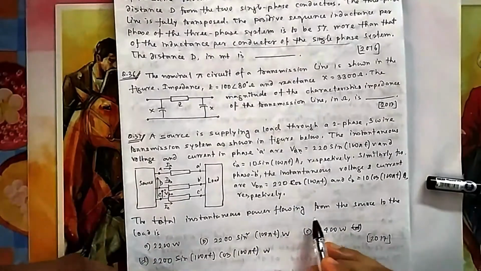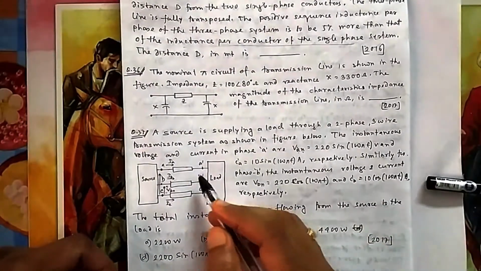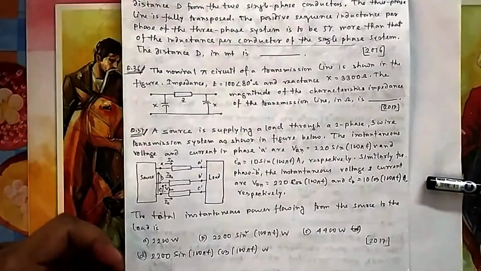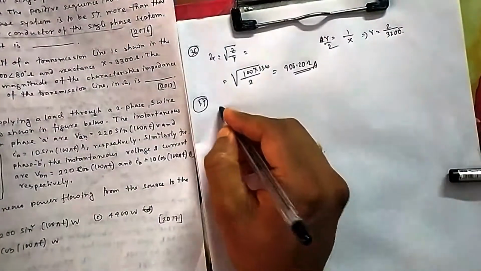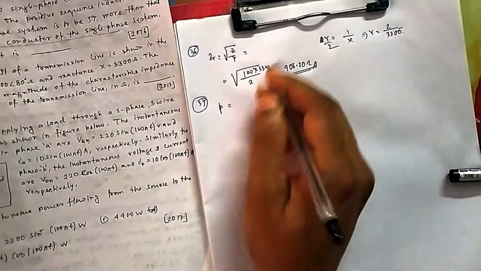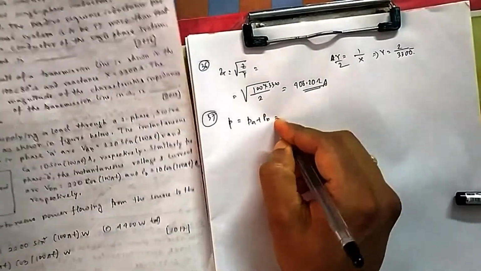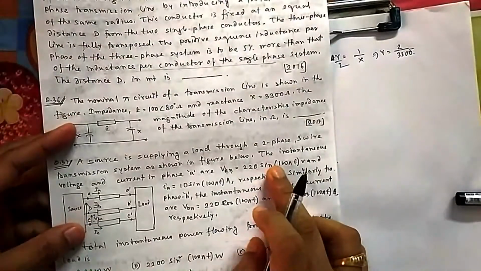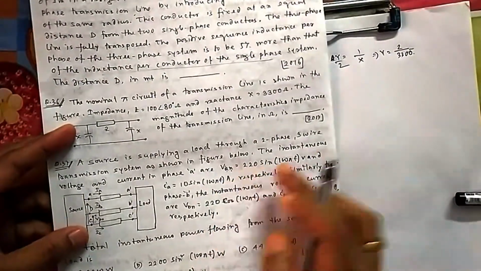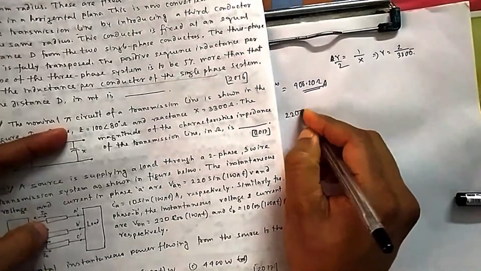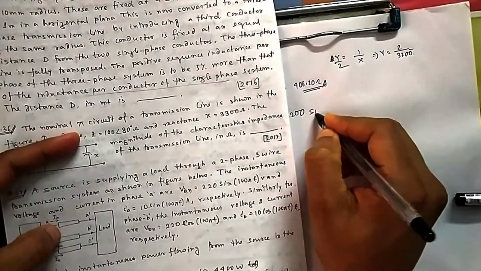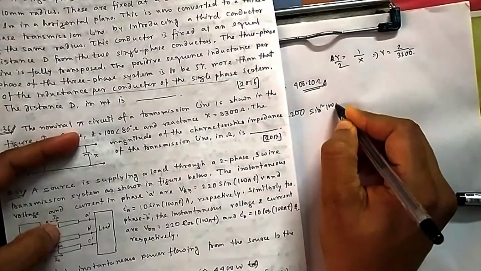The total instantaneous power will be the instantaneous power of phase A plus the instantaneous power of phase B. So if I calculate the total instantaneous power, that is small p, it will be small pa plus small pb. What is pa? v into ia. So if you take the product, it will be 2200 sine square 100 pi t.